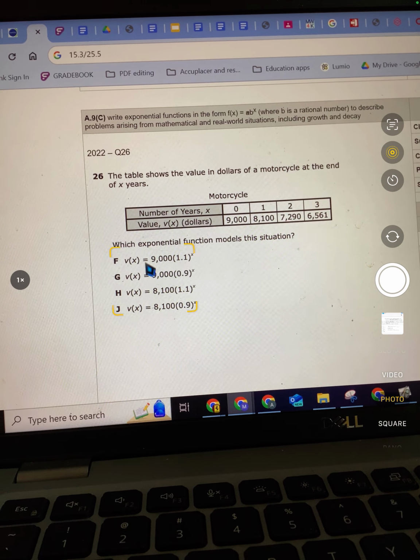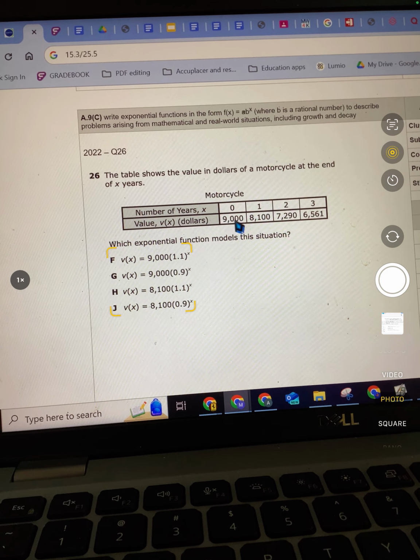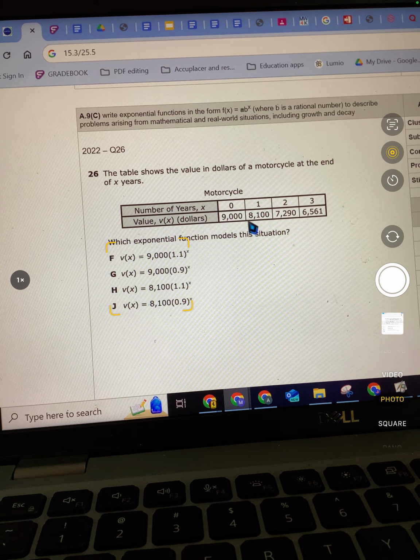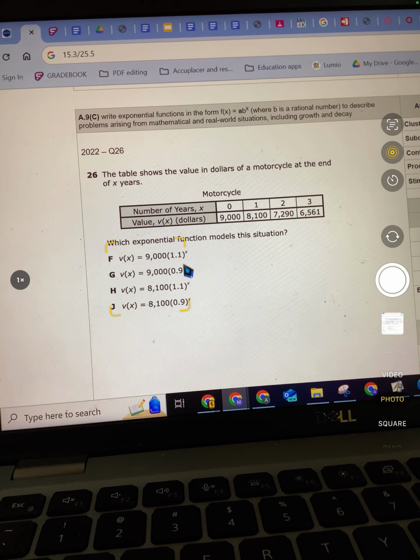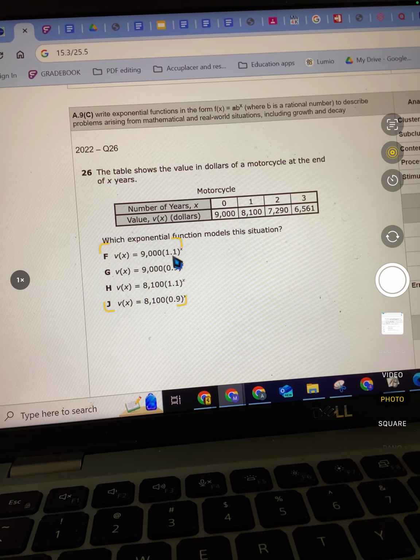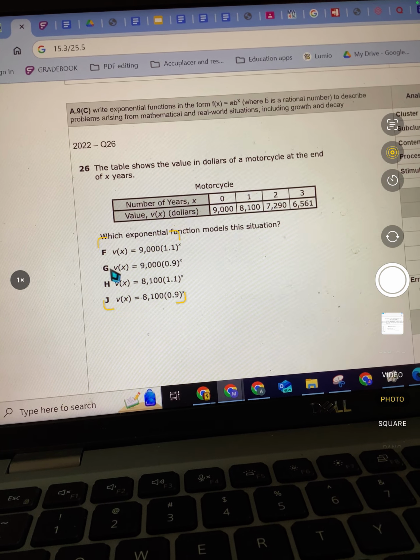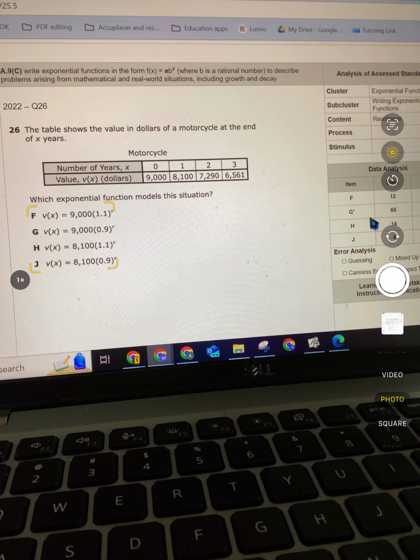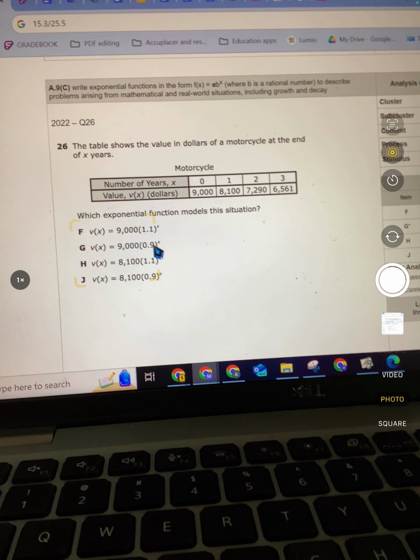And even then, that's going to be easy to guess at because is the value going up or down? I see it decreasing. One of these will show us an increase or a decrease. Bigger than 1 is an increase, smaller than 1 is a decrease. So I can already tell you that G is the right answer just by looking at it.